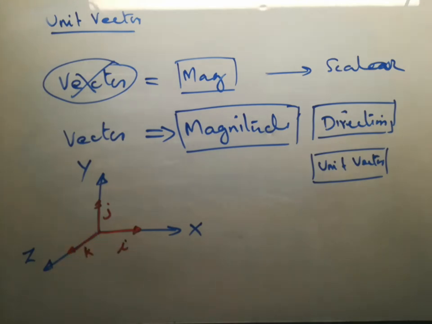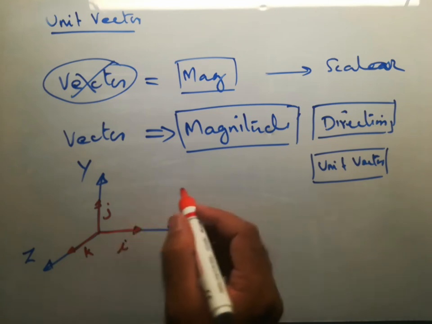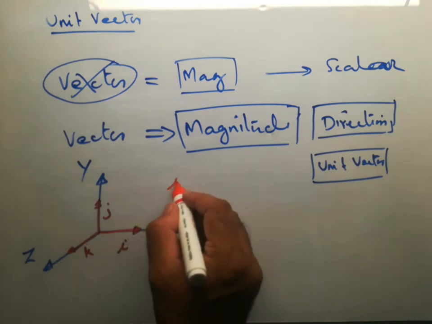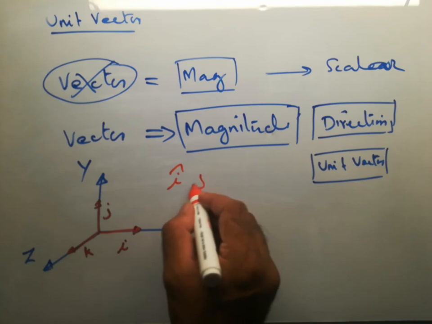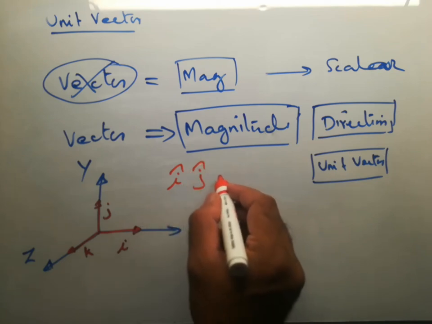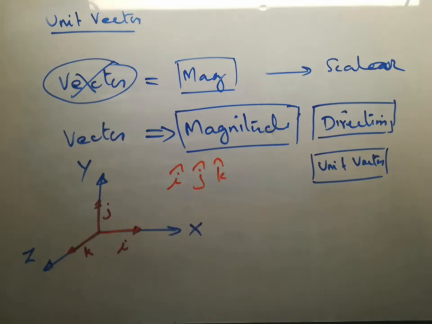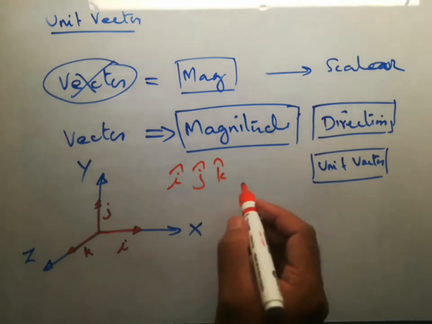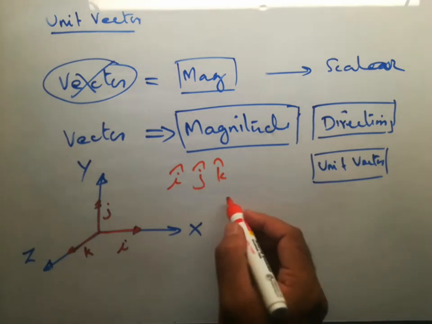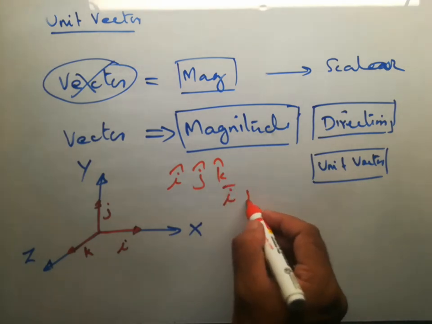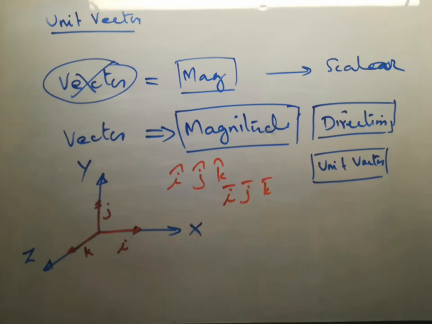All are small letters. In some of the textbooks they are using i cap, j cap, or k cap, like this. And some others may say i bar, j bar, k bar, etc. All these denote unit vectors.